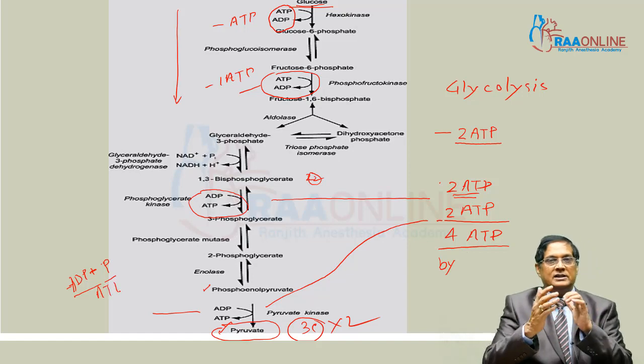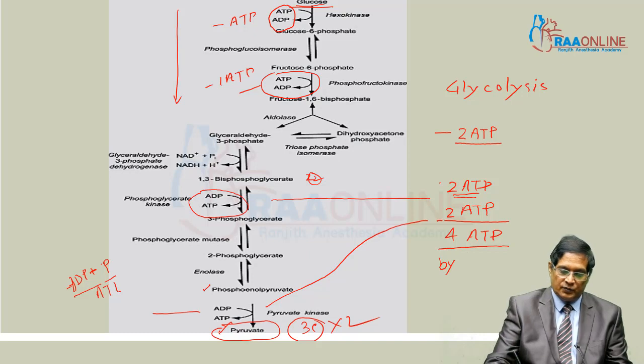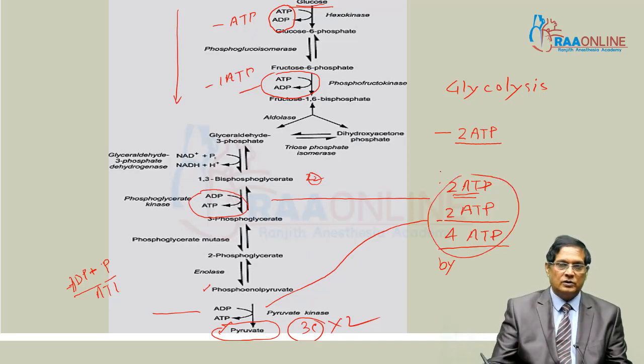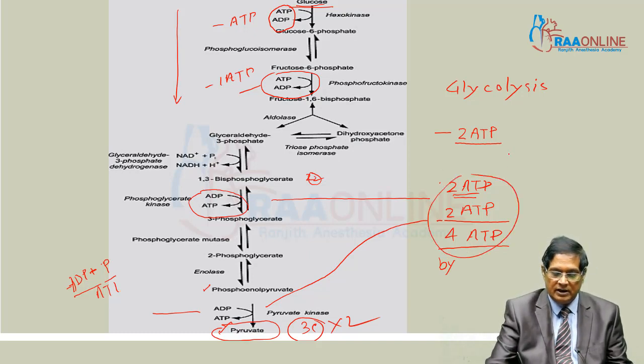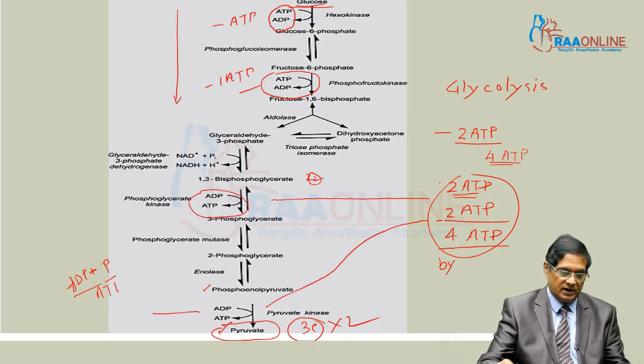That is, there is a transfer of a phosphate group at substrate level. So 4 ATP without any kind of loss; in that case, we say 4 ATP gross production in glycolysis. And by which process? The answer is substrate phosphorylation.